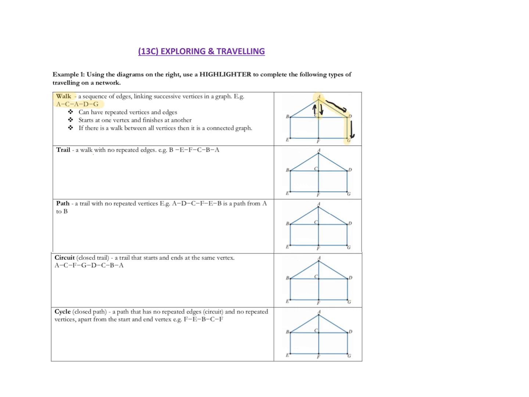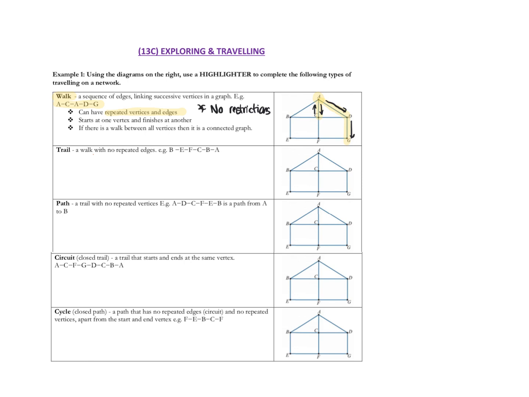You can see I went to A twice, and I also used the edge between A and C twice. So you can have repeated vertices and edges. Maybe the point to write in there is that a walk has no restrictions. You can pretty much just keep going around and doing whatever. That would be a walk.